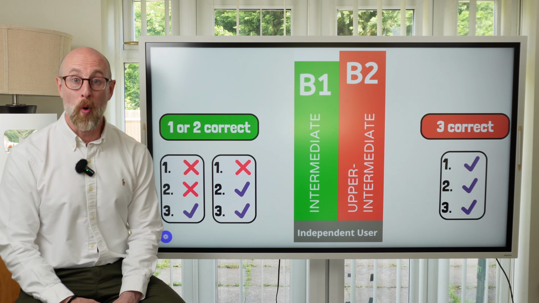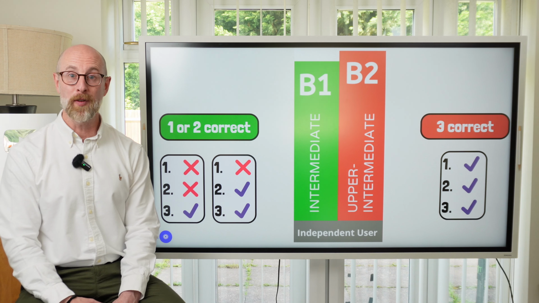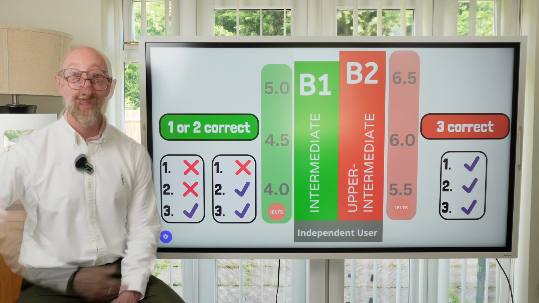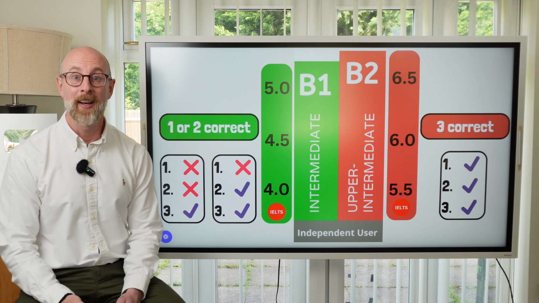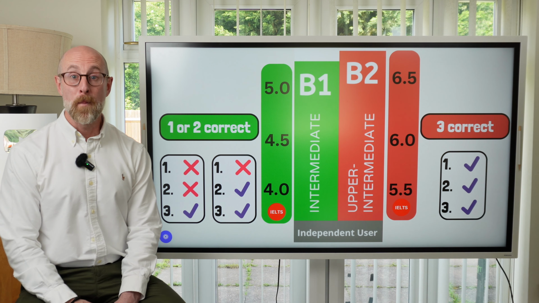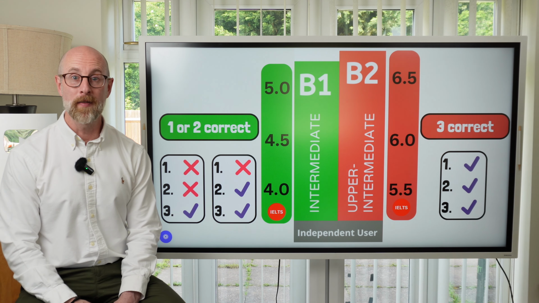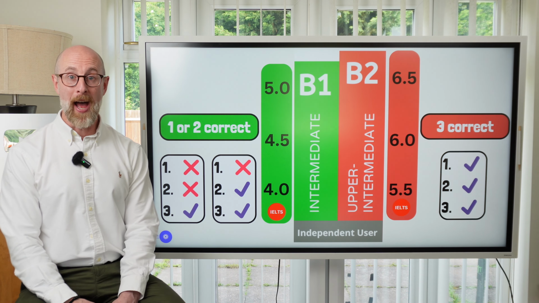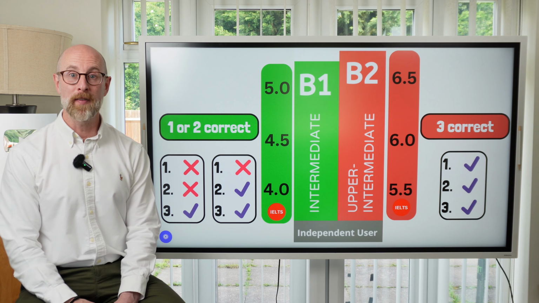And if you got all the words correct, your range of vocabulary is likely to be at B2 level or more. Here are the IELTS bands so you can check and compare. Remember, B1 level is bands 4, 4.5, 5, and B2 level is bands 5.5, 6, and 6.5.